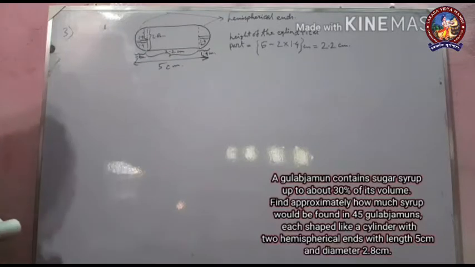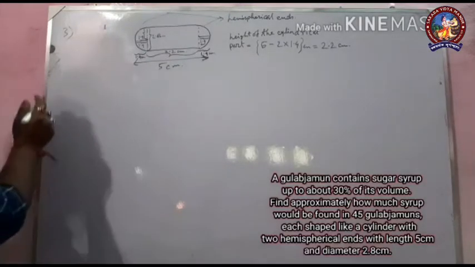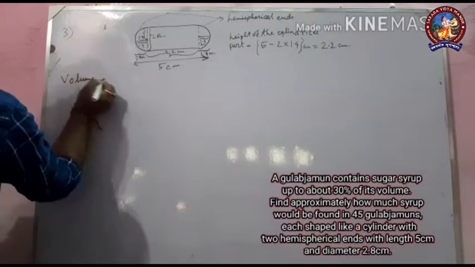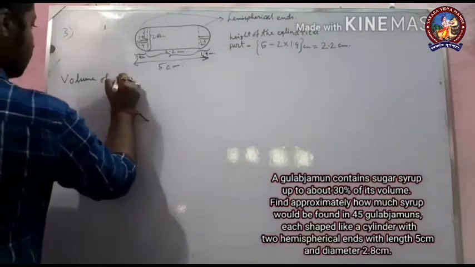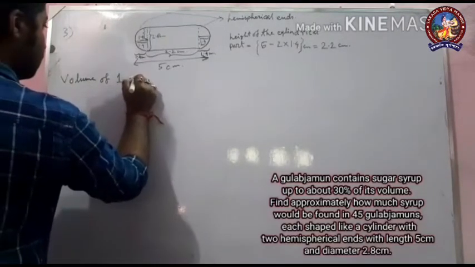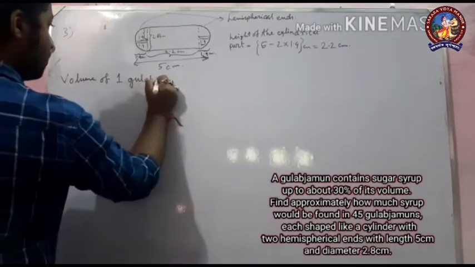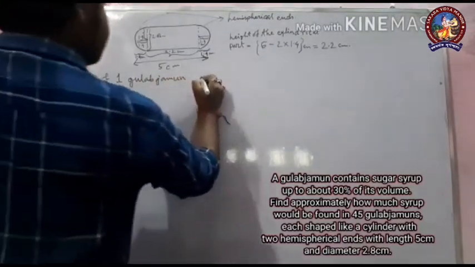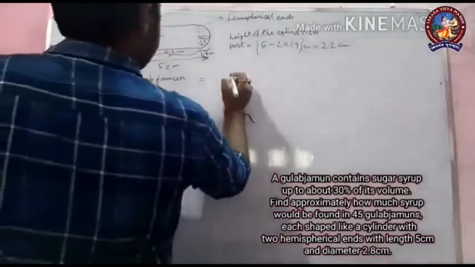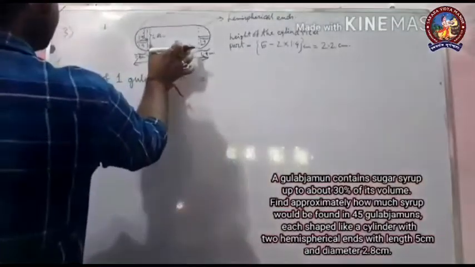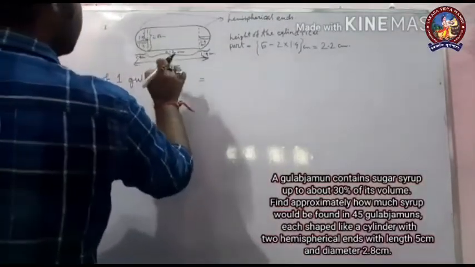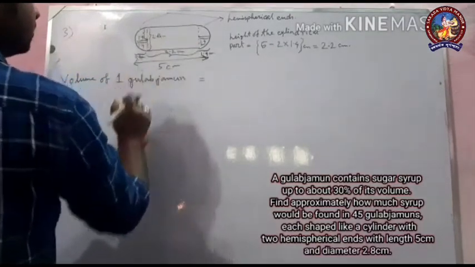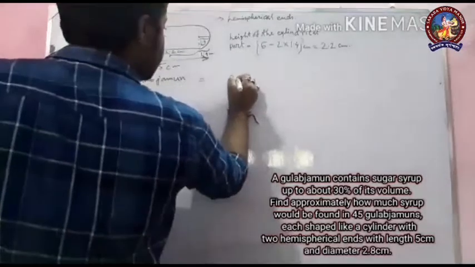Now let's calculate the volume of one gulab jamun. The volume of the hemisphere will be doubled because there are two hemispherical ends.